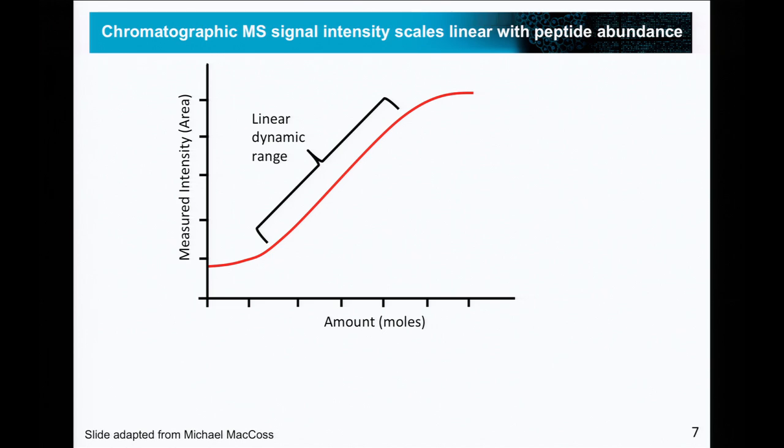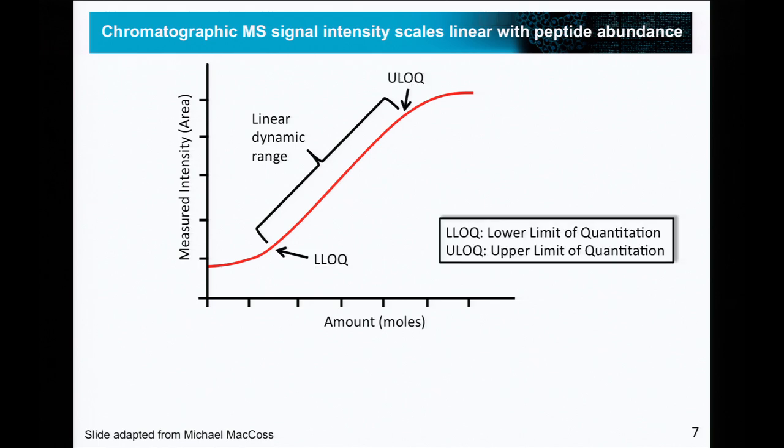And at the lower end of this dynamic range, you run into issues with the limit of detection, because at one point you will just start measuring background and no longer your analyte of interest, and then also the signal will flatten out at the bottom and at the top. And the two endpoints of this range of linearity are what is called the lower limit of quantification and the upper limit of quantification.